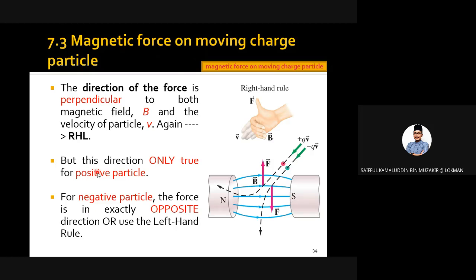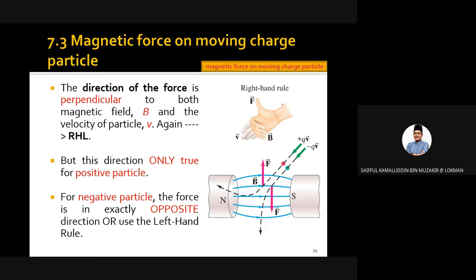Now, the direction of the force is perpendicular to both the magnetic field B and the velocity of the particle V. Again, we will use the same right hand rule. Let me change my pointer first. Now remember, this is the right hand rule.